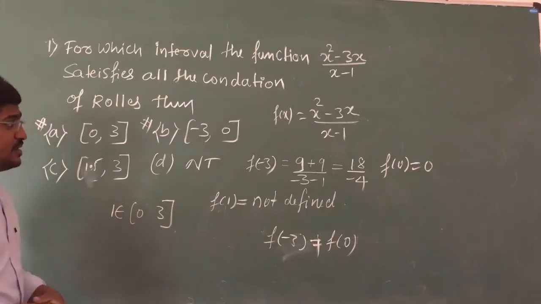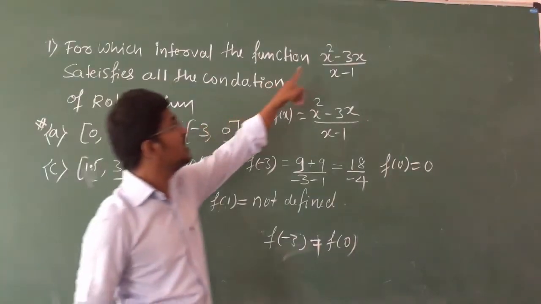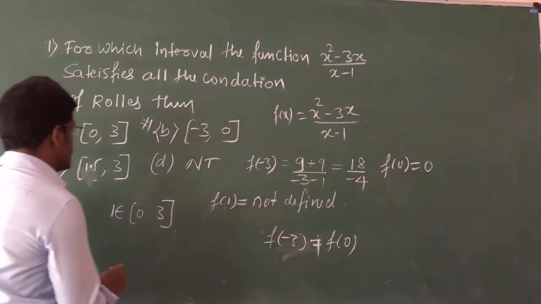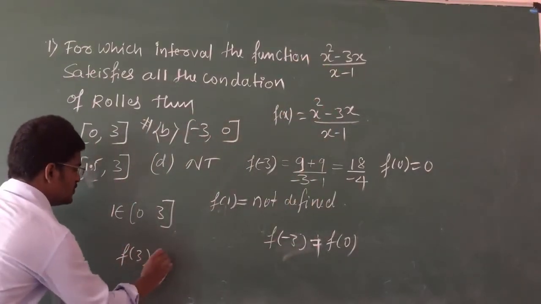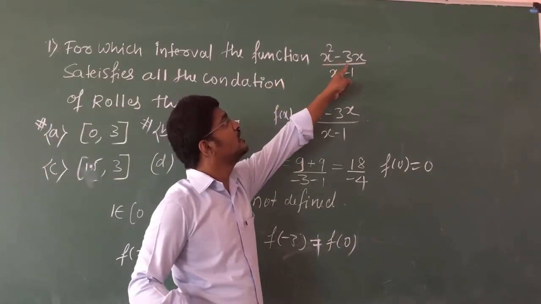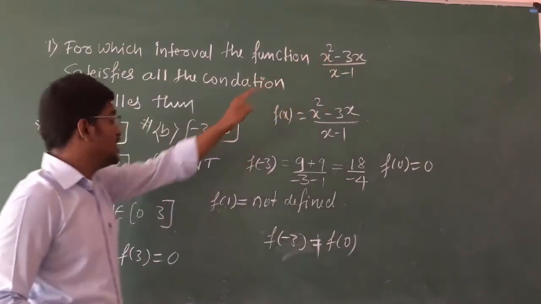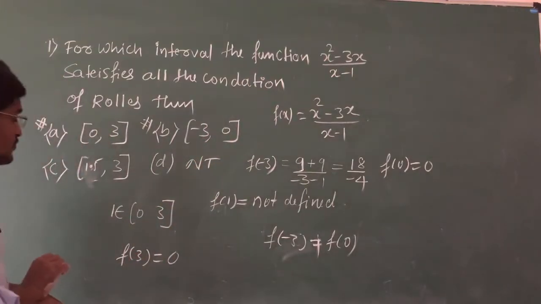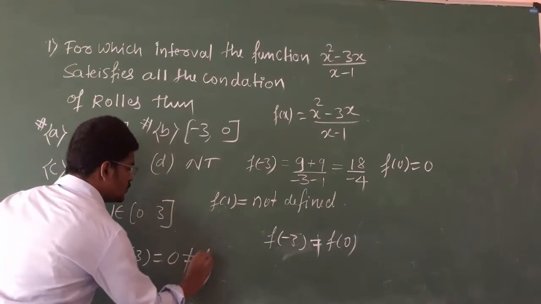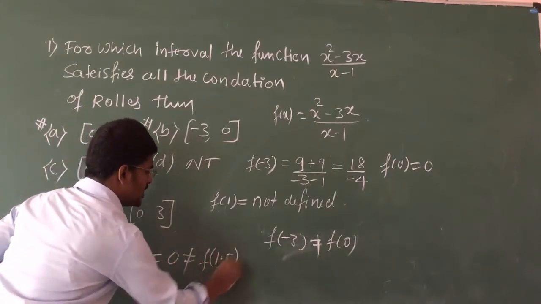Again the same, you put 3 here. 3 square is 9, 9 minus 9 will be 0. f of 3 will be equal to 0 for this function. 3 square is 9, 3 into 3 is 9, 9 minus 9 is 0, and 0 by anything is 0. Therefore, f of 3 is 0, which is not equal to f of 1.5.